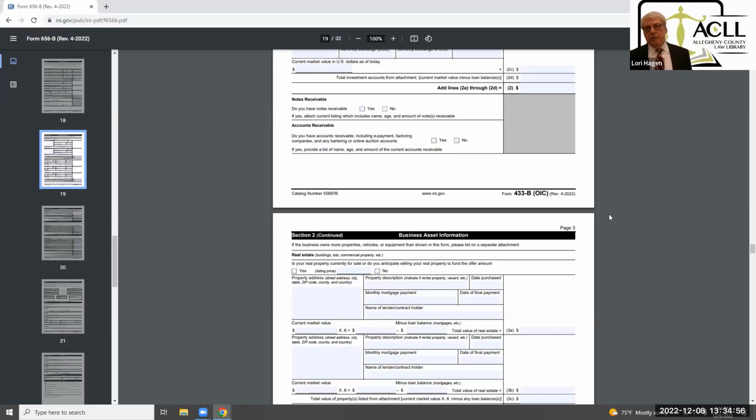For example, if you bought a piece of property for $65,000 and it's accumulated over the years to a $400,000 value, when you sell that, you would have almost all gain, because your depreciation of the $65,000 takes it down to a very low basis.